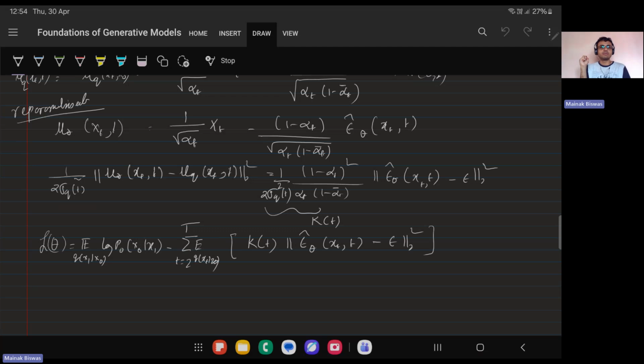It can be shown empirically that since there are many steps, x0, x1, and so on up to xt, the last step need not be separated.